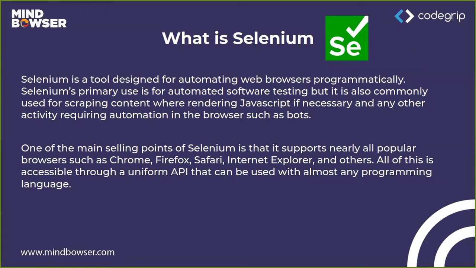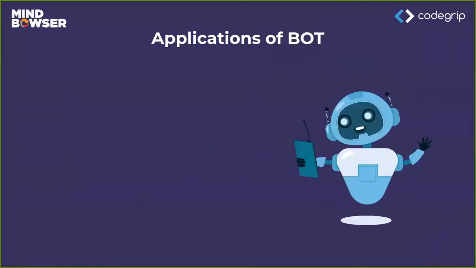Next, the application of the bots. Like I explained, it can be used for scraping. Let's say a marketing firm would like to approach some influencer, but they want to do some research of their own. They can have a bot that scrapes the influencer's posts: how many posts they have, what kind of interaction each post got, like how many likes, comments, and shares, and what kind of comments they got.